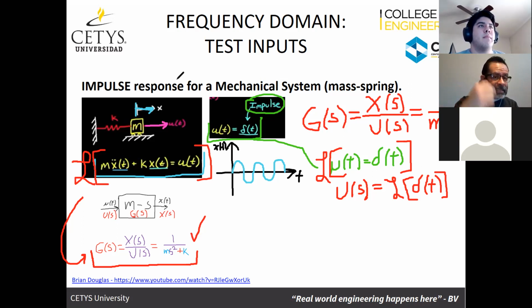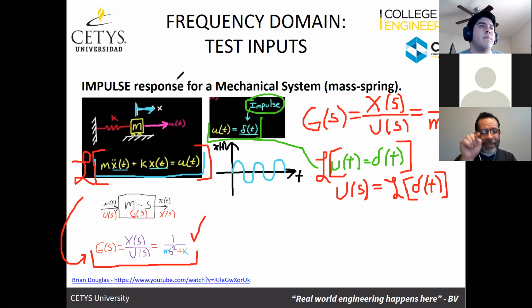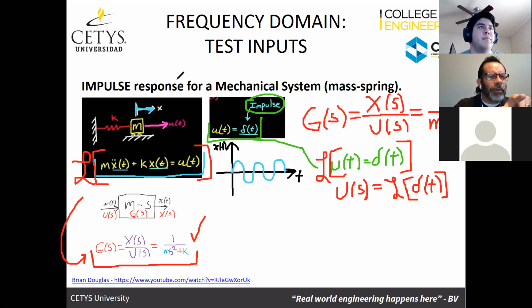There is a specific mathematical model for the Dirac delta that also has its Laplace transform, and they're actually different. Pablo, you're probably looking at a table, right? Yes, I'm looking at a table.